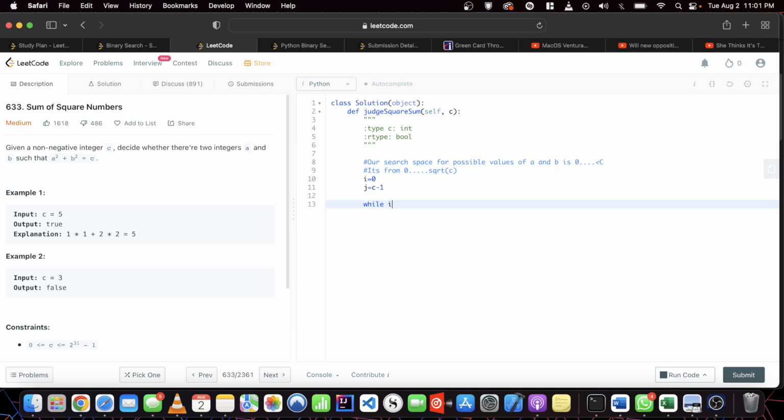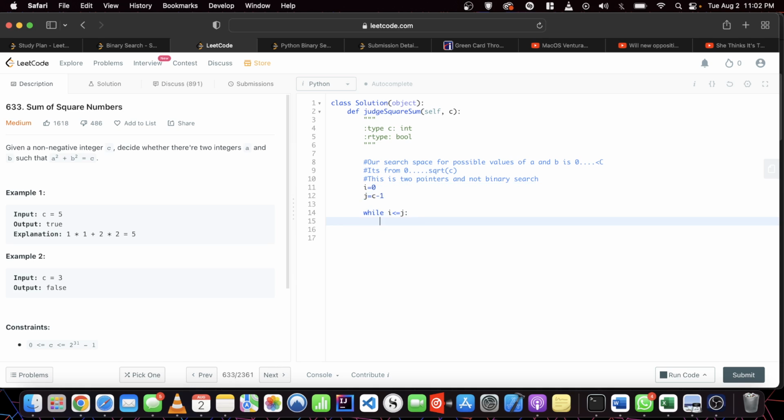Then while i is less than or equal to j. This is not binary search, it's two pointers. The reason it works is because it's a sorted search space.